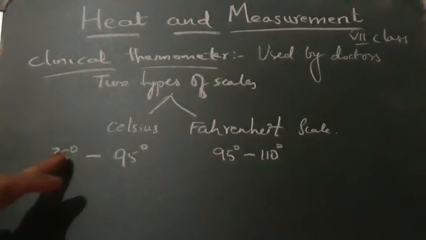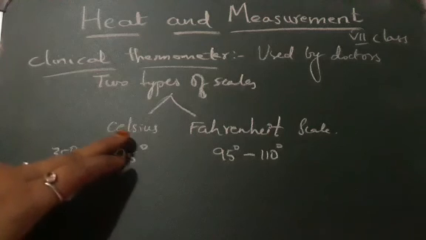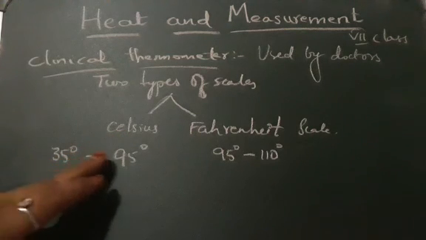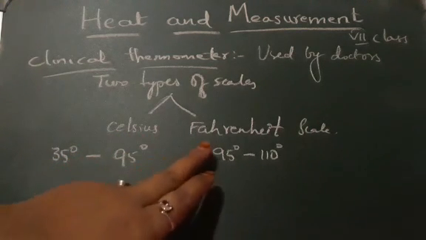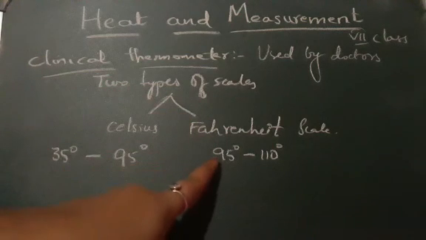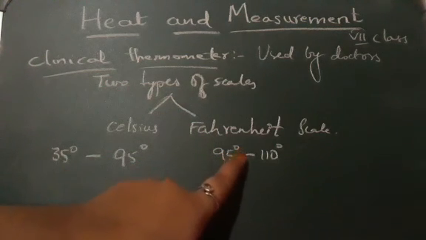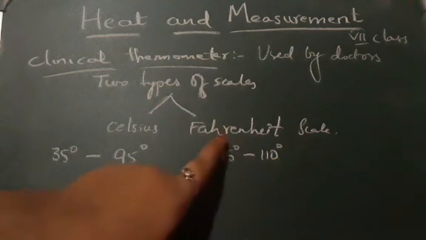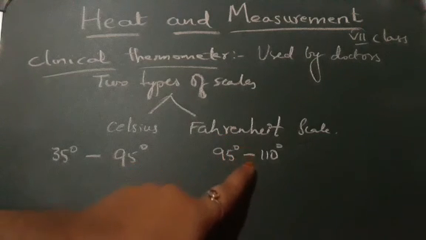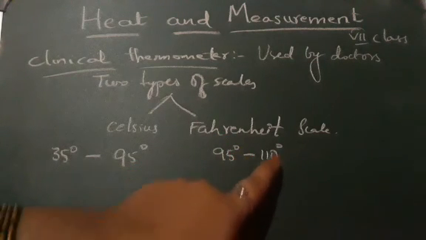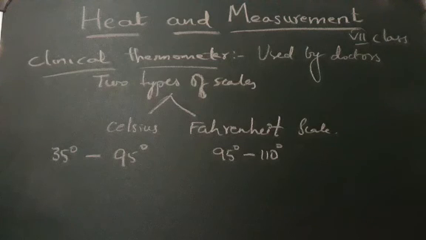From 35 to 45 degrees we say it is Celsius, 35 degrees Celsius to 45 degrees Celsius. But from 95 degrees to 110 degrees, we say it is Fahrenheit.